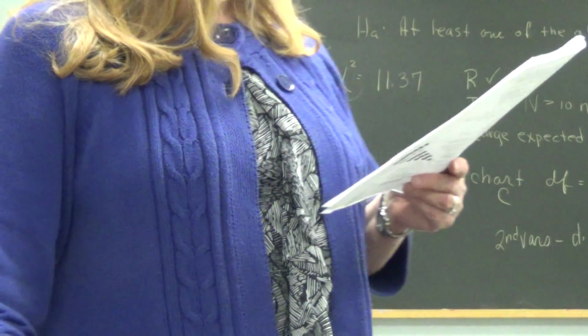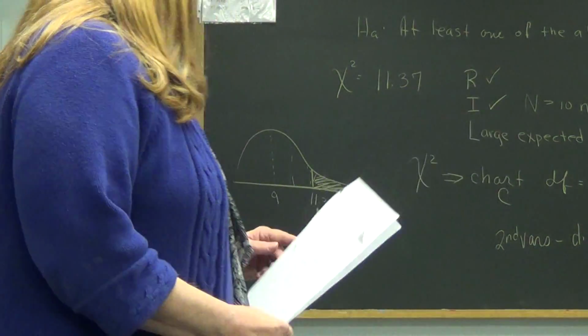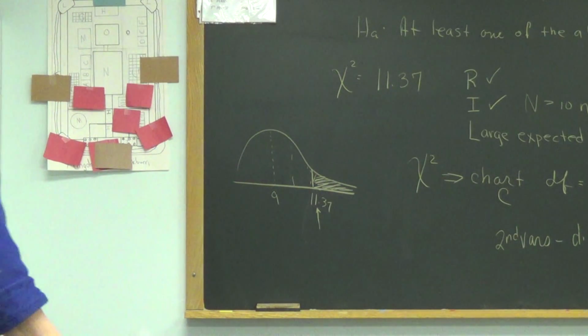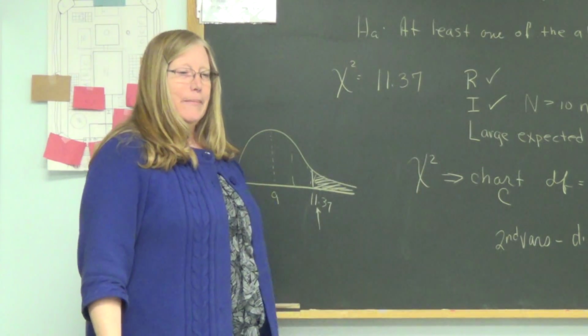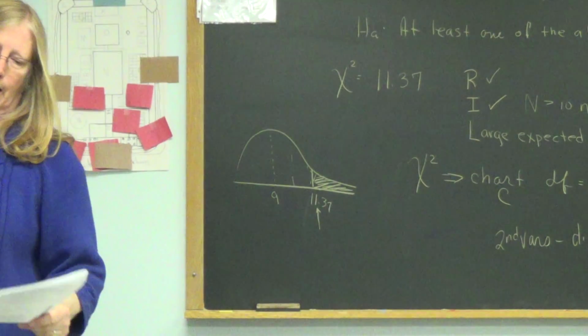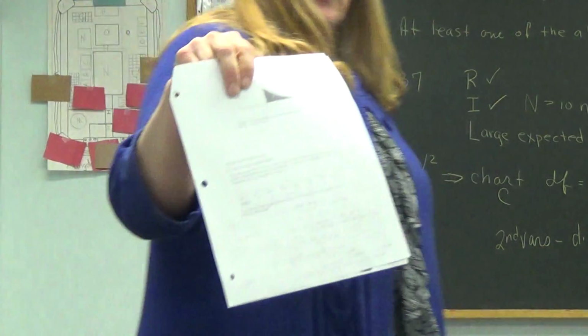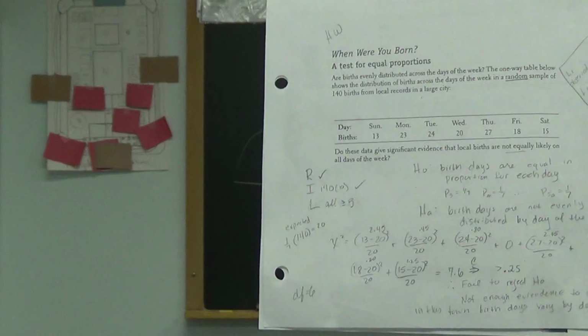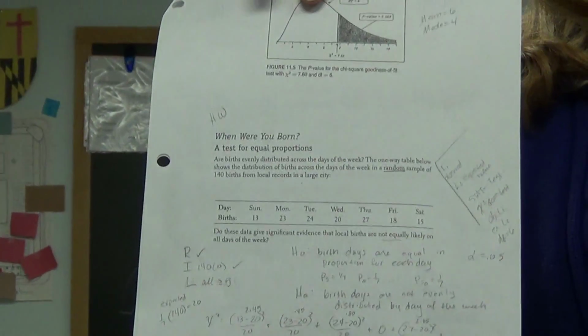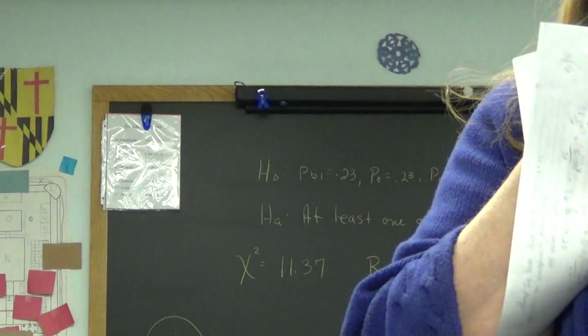Read it to yourselves, and you're going to start a test, just like I did on the board, starting with your hypotheses. We're working at our seats, and those are the answers. So go ahead and do that, and we'll be back and show you.